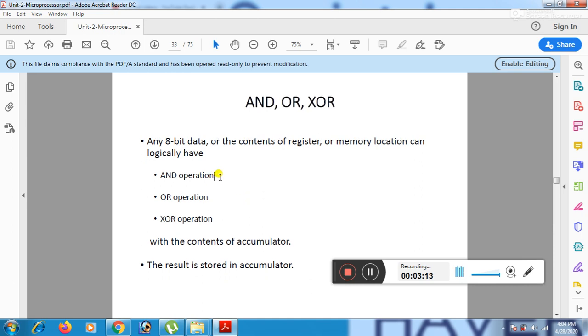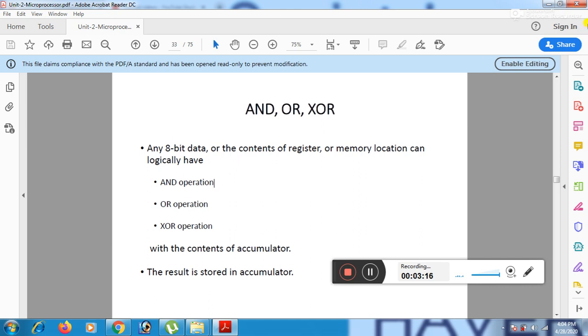Then comes different types of AND operations. So what are the different types of AND operations we can find in 8085? In 8085 we can do different AND operations.